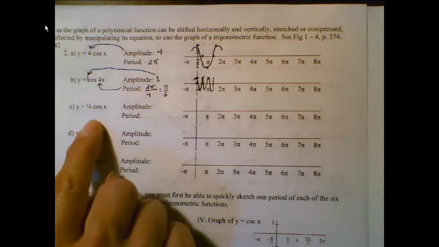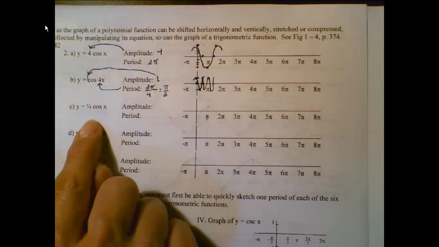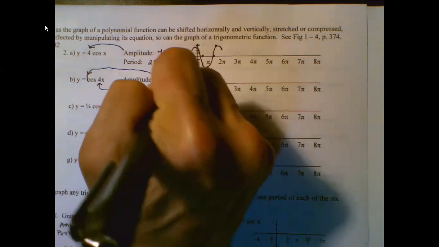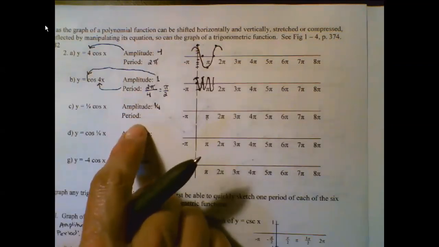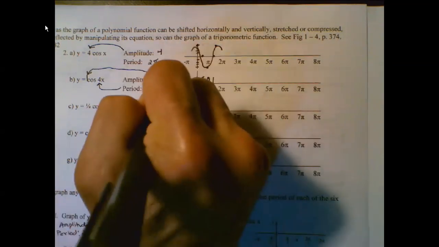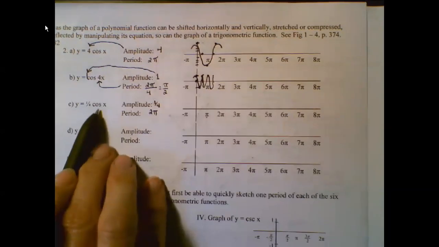In the C part, what is the amplitude of that function? 1/4. The coefficient of the trig function. And what's the period of this function? 2 pi. Just the normal period divided by the coefficient of x, which is 1.